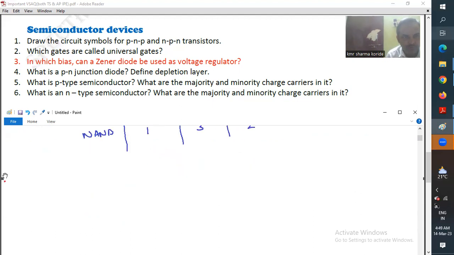Question number 3. In which bias can a Zener diode be used as a voltage regulator? The answer is reverse bias.